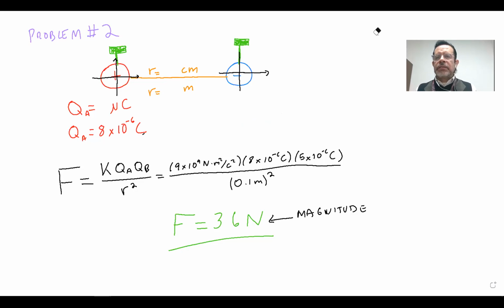What's the value of the first charge? 10 microcoulombs. So this is going to be 10 as well.